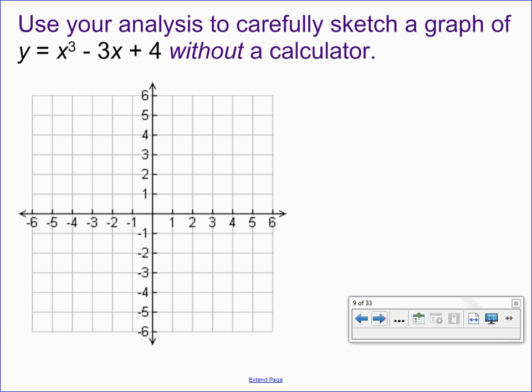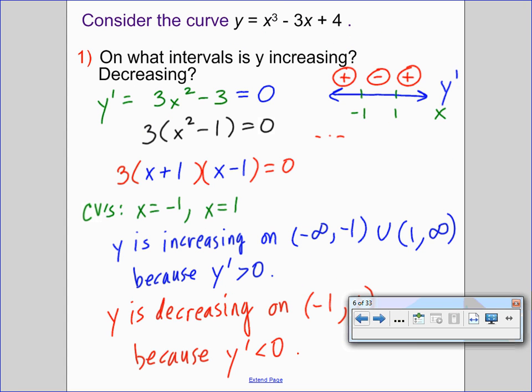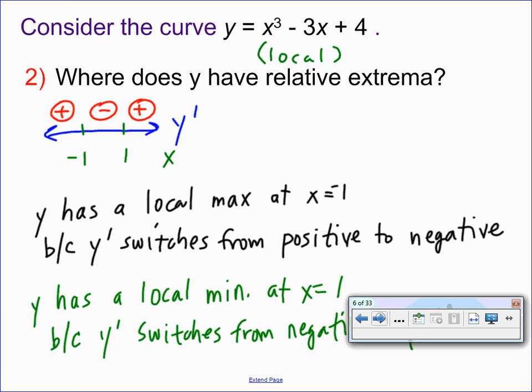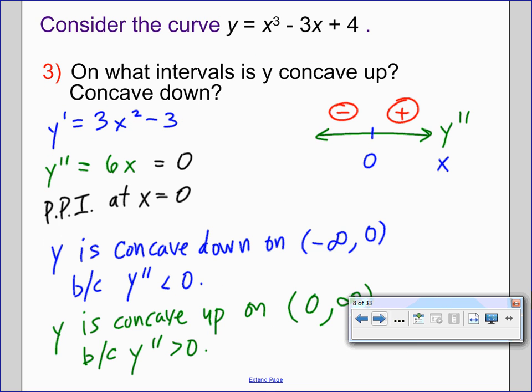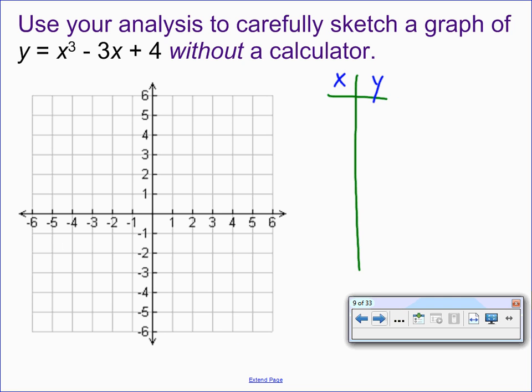So here we go. We're going to put our critical values on here and one on each subinterval, so I'm going to leave a little space. We had critical values and local extremes at, what? -1 and 1. We had a point of inflection at x equals 0, so we need to include that.